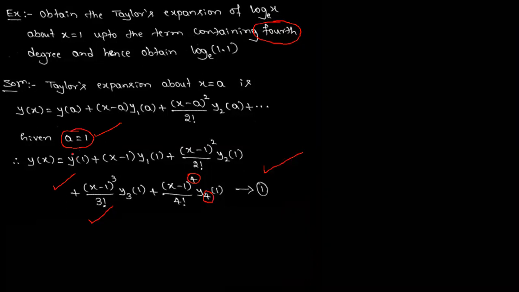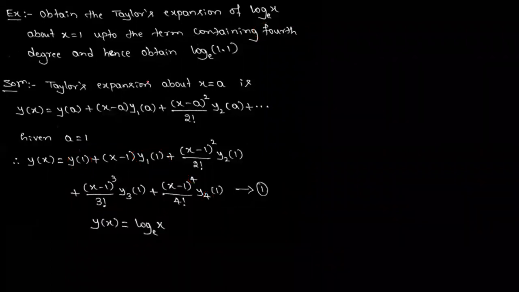Now let us find one by one all the requirements of this formula. y of 1, y1 of 1, all those things we will find now. Let us consider our function as y of x. Now since we want y of 1, let us substitute 1 here and here.